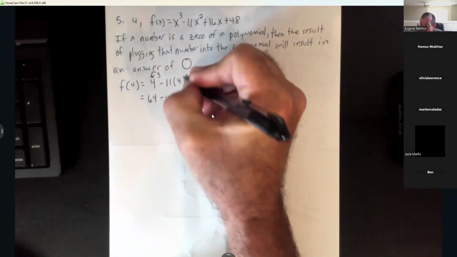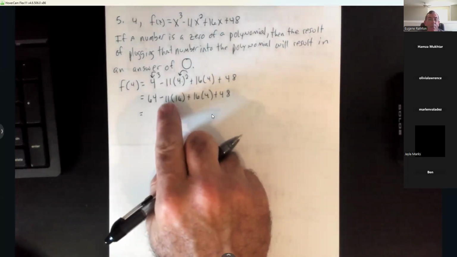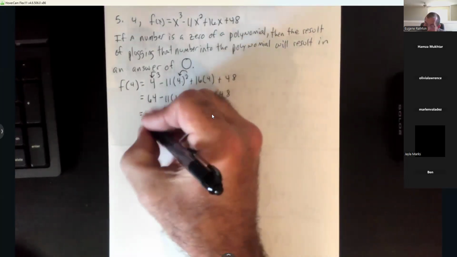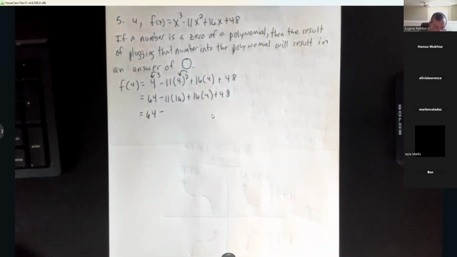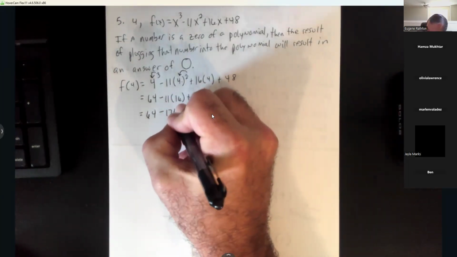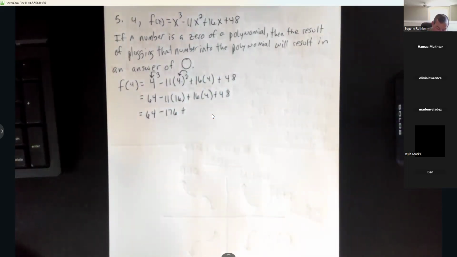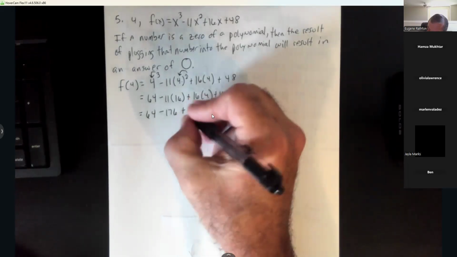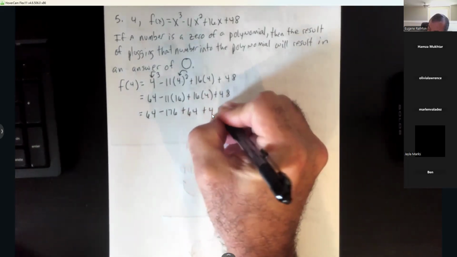Now I'm going to do the multiplying. So I got 64 minus 11 times 16, which is 176, plus 16 times 4 is 64, and then plus 48.